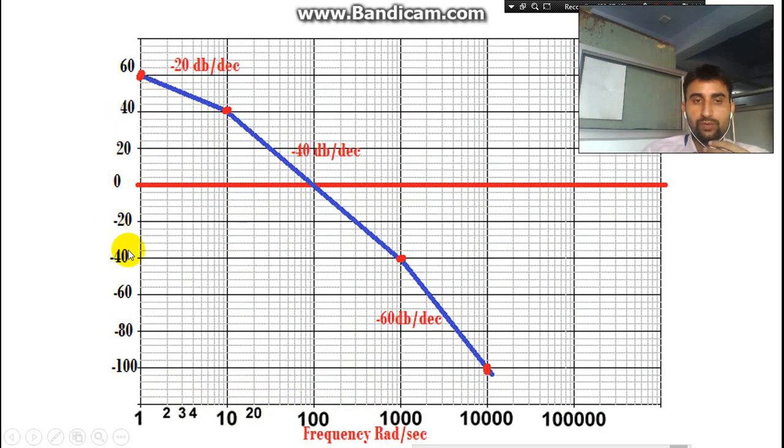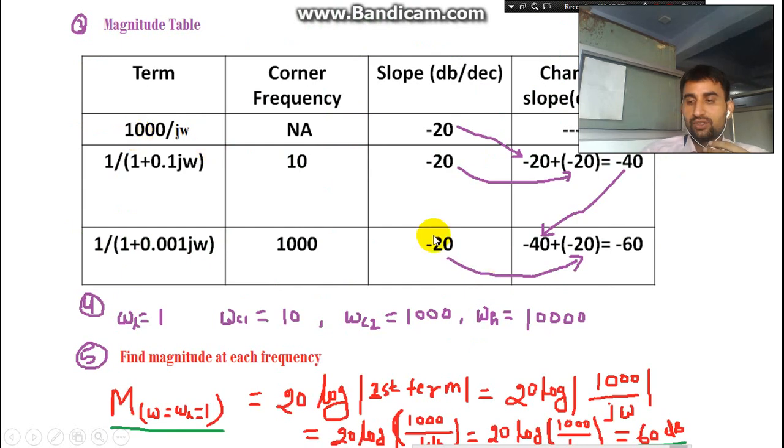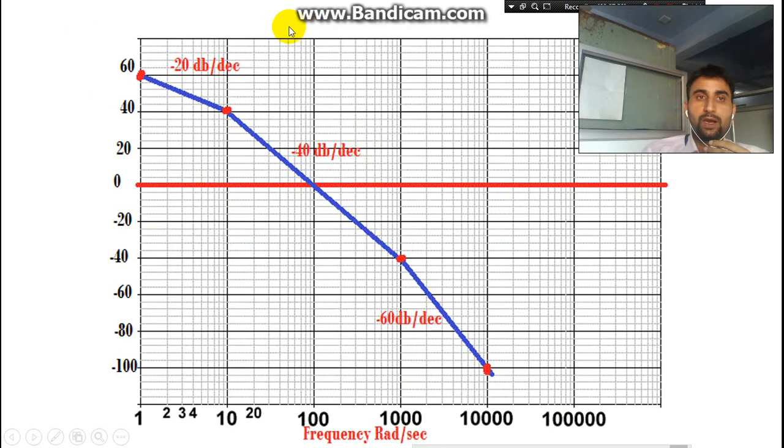At omega l equal to 1 we have magnitude 60, so we'll put 60 here. Now how are we going to put the values of magnitude? You take any point as 0, like what I have considered as 0 here, because the maximum value is plus 60 and the minimum value is minus 100.